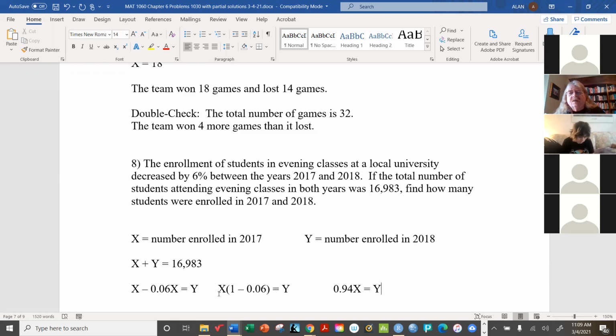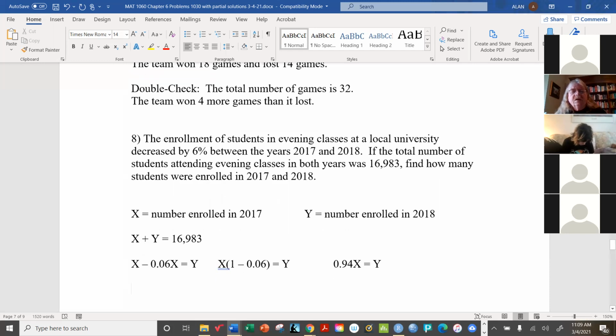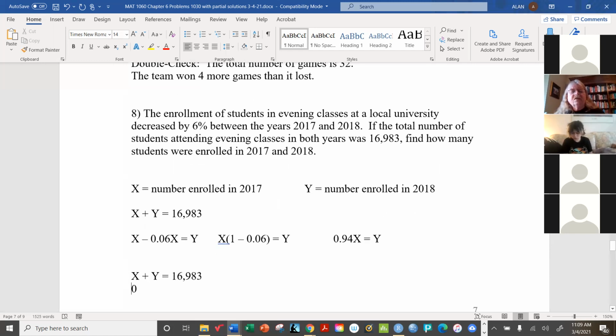It wasn't possible with this sales tax formula or problem. So therefore, these are our 2 equations. X plus Y is 16,983, and in addition to that, 0.94X equals Y.